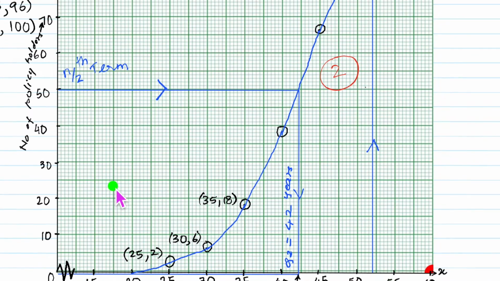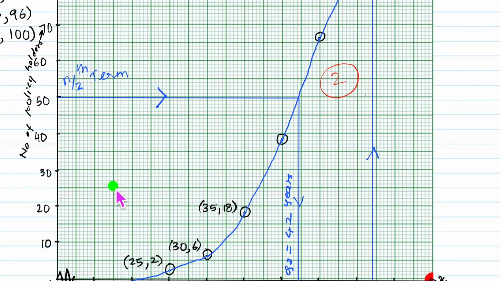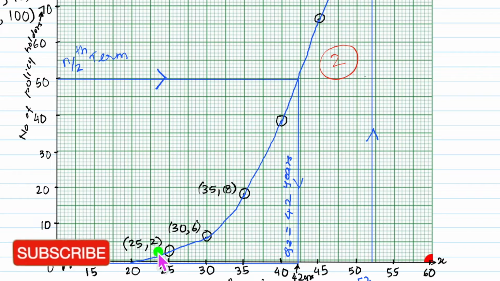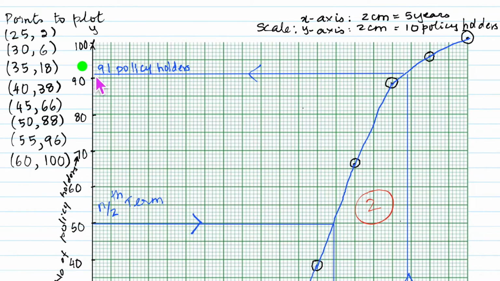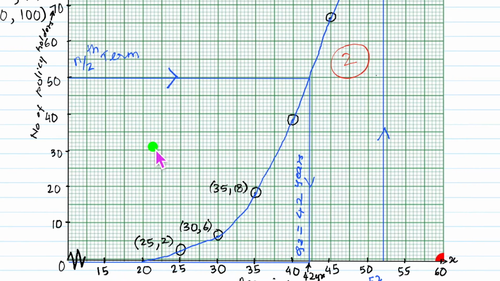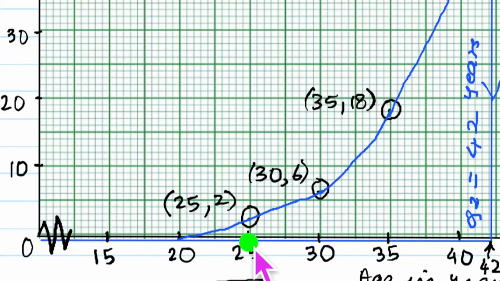Now our first part asks us to plot the points. As you can see, the first point was 25,2. So we take from 25, 2 divisions up because these 10 divisions are 10 policy holders. We can write the coordinates like this.